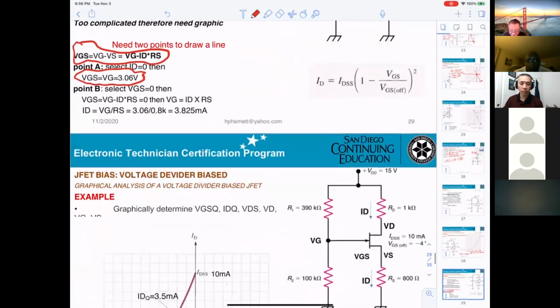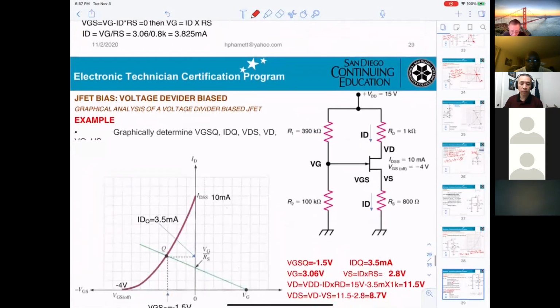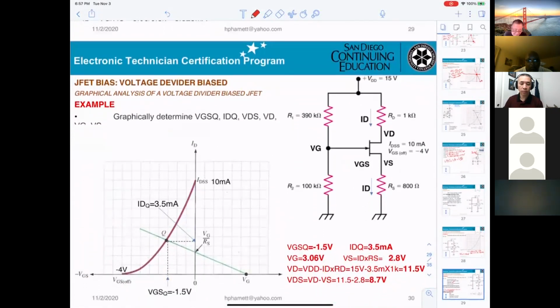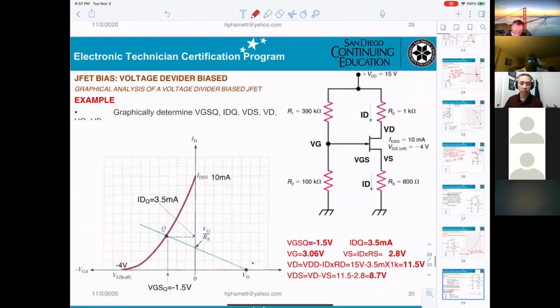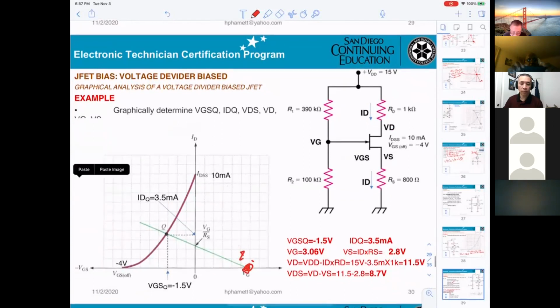Okay, let's see. I get the curve here. I can calculate it right here. This will be 3.06. Okay. That's the point A.